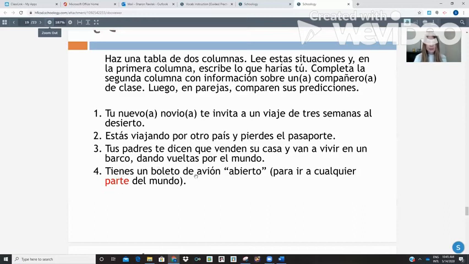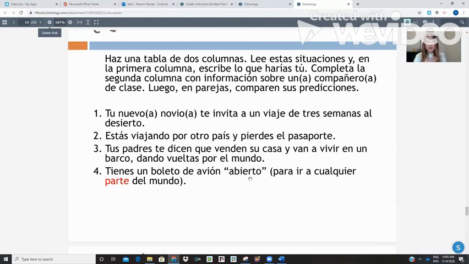Okay, número 4. Tienes un boleto de avión abierto. Es un boleto para viajar a cualquier lugar. To any place. Cualquier lugar del mundo. ¿Dónde irías? Por todo el mundo. Where would you go?